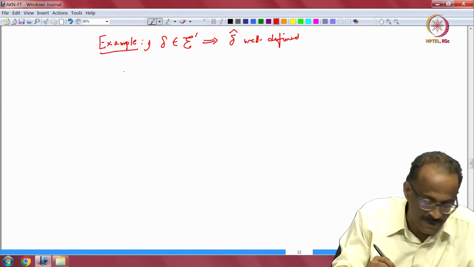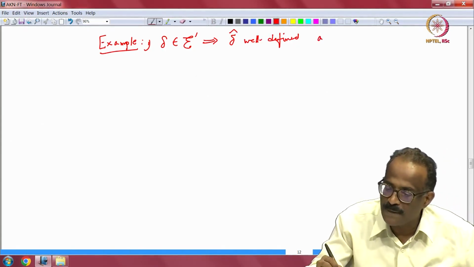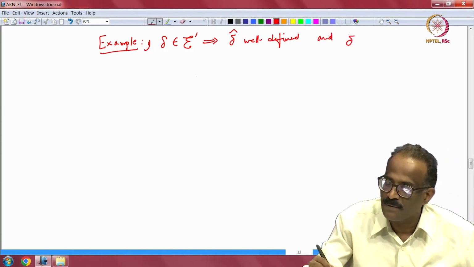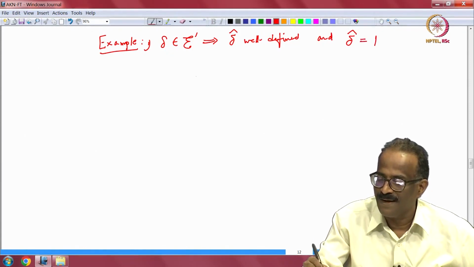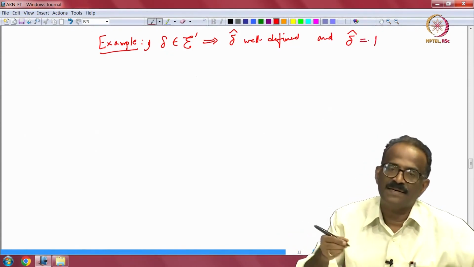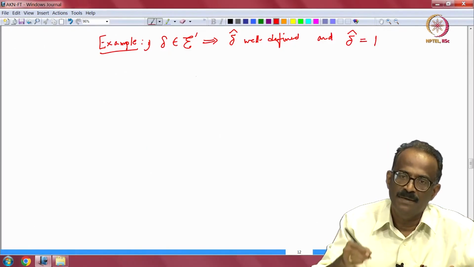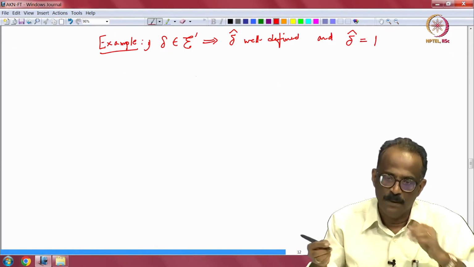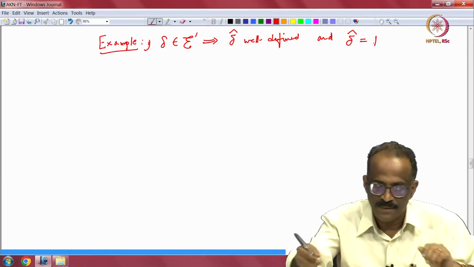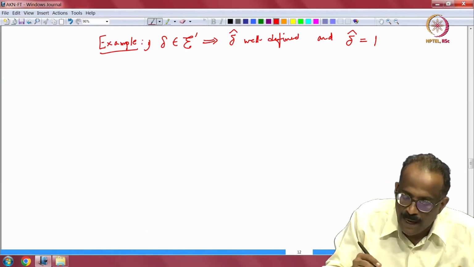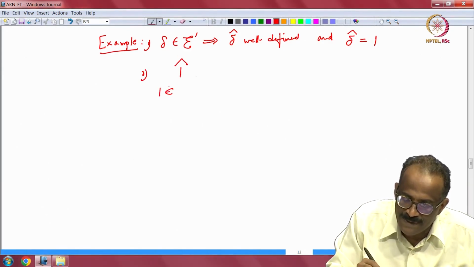So, what is delta hat? You can easily prove that delta hat is equal to 1. I will not do it. You just write delta hat acting at phi is nothing but delta acting at phi hat, and then you can see that is nothing but 1. And second, what about 1? 1 is not in D.